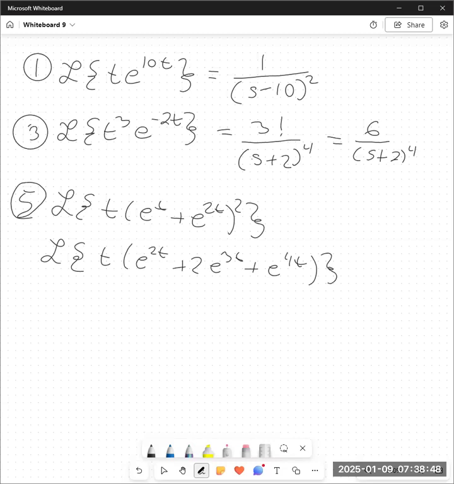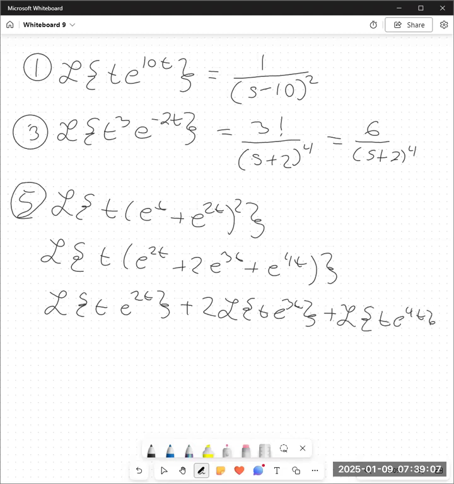Then let's break each of those up. So this is Laplace transform of t e to the 2t plus 2 Laplace transform of t e to the 3t plus Laplace transform of t e to the 4t.